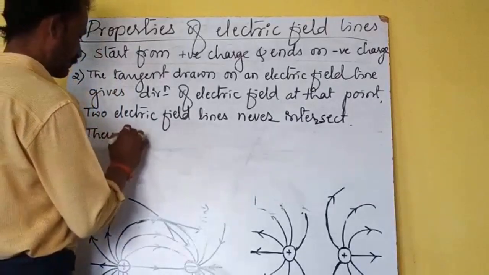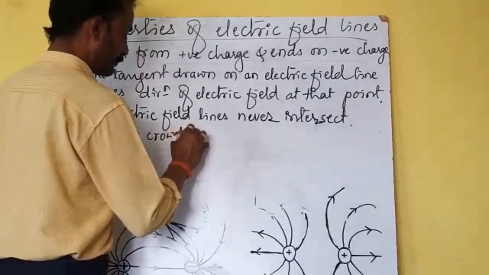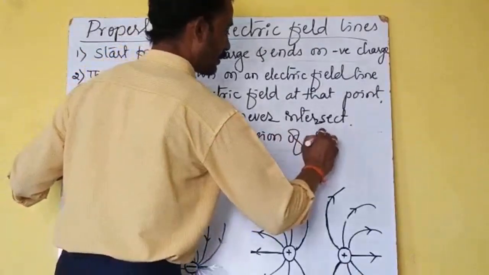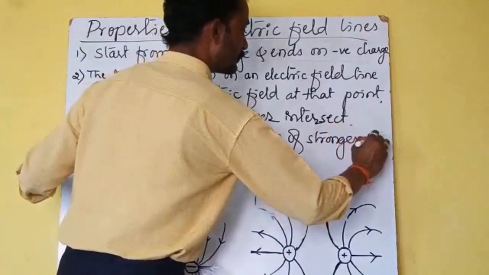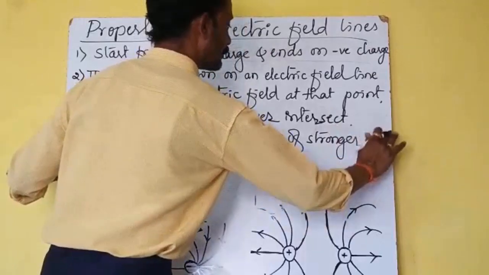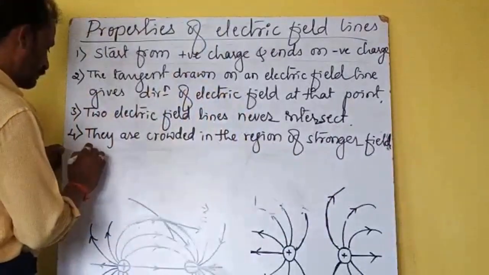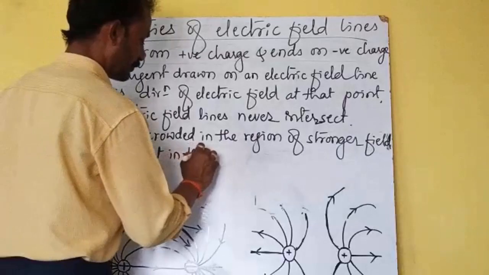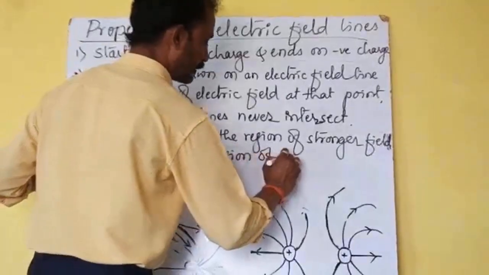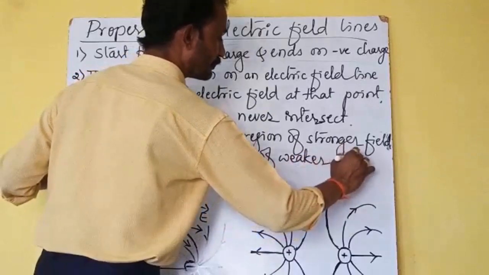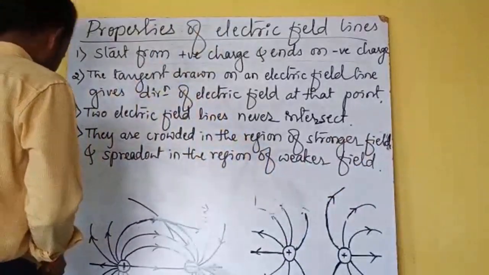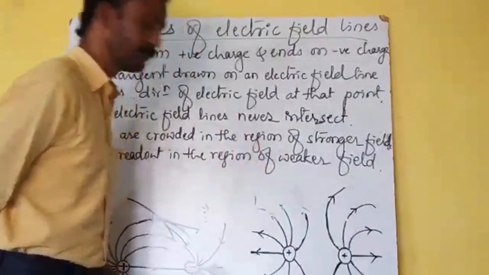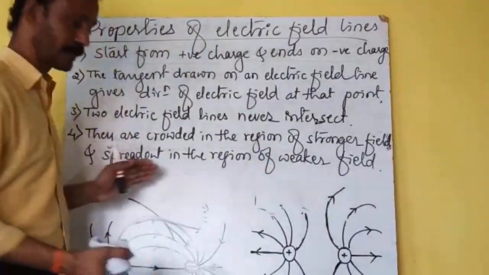The fourth property, the electric field lines are crowded in the region of stronger field and spread out in the region of a weaker field. So near the charge, the electric field is stronger.